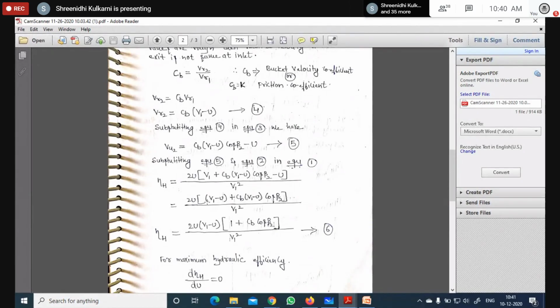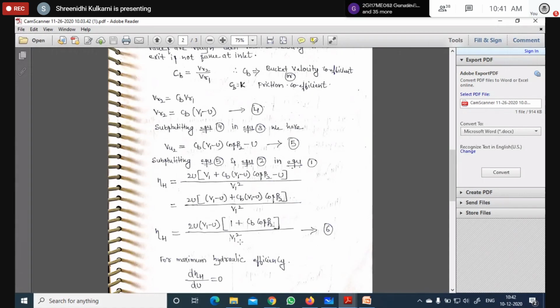Here we have V1 minus U as a common factor in both terms, so we can take it outside. Further we can write this as 2U into (V1 minus U) into (1 plus CB into cos beta 2), divided by V1 square.